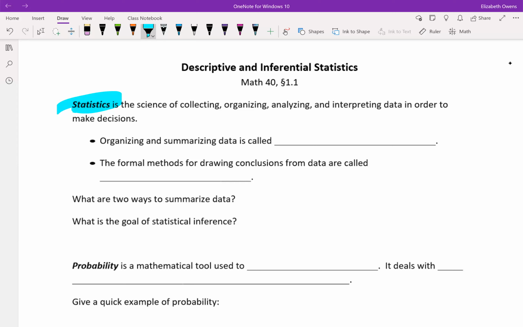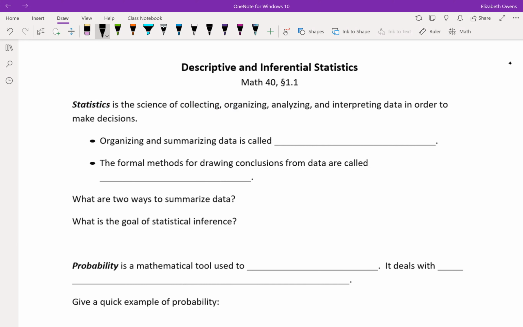There's a lot of data available in the world. There's so much information in the world, and we can collect more of it every single day. So, being able to properly collect, organize, analyze, and come to conclusions about the data that we're looking at is an important skill to have.